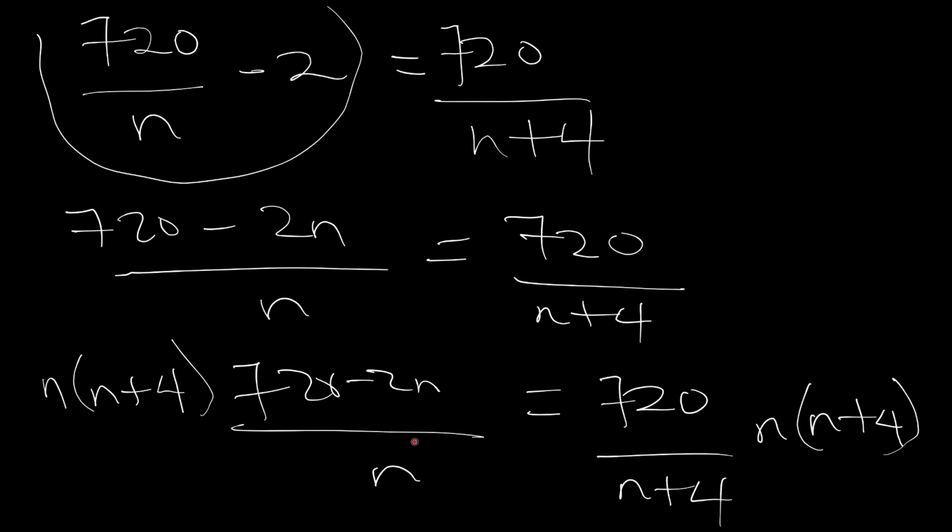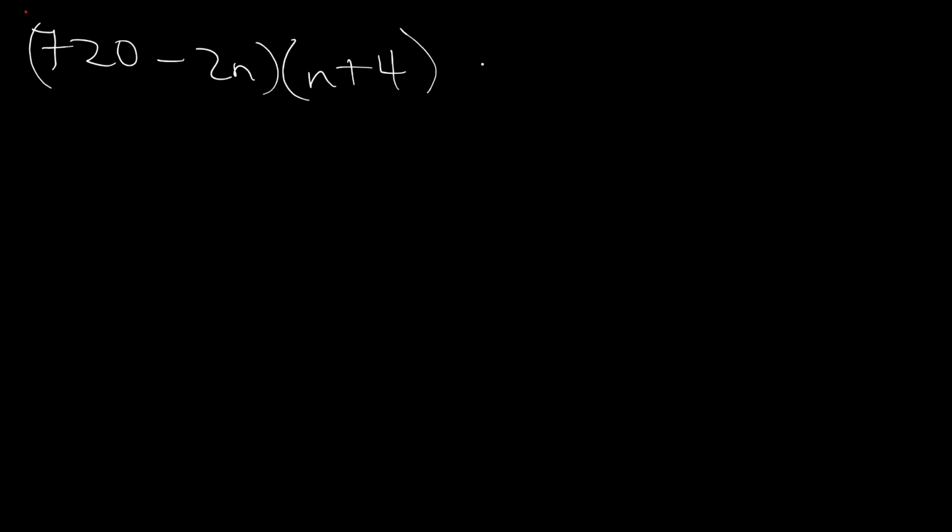Now N cancels N, and N plus 4 cancels N plus 4. Our new expression becomes 720 minus 2N multiplying N plus 4 is equal to 720N.